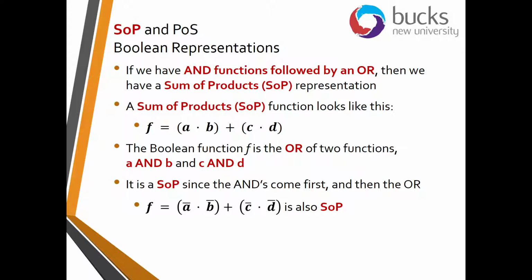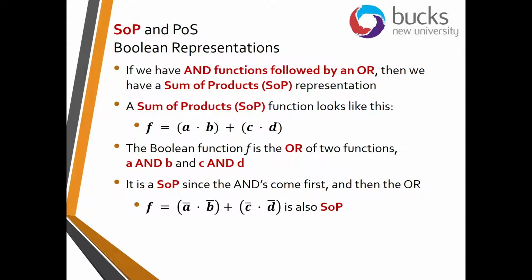So the first level of the inputs, the first thing that the inputs go into, is AND gates. And then the second level is the OR gate that they come together with. So the Boolean function F is the OR of the two functions A and B and C and D. So it is a SOP, sum of products, since the ANDs come first and then the OR gate. So first level AND and then the OR gates.